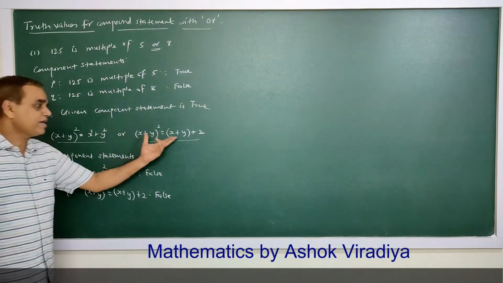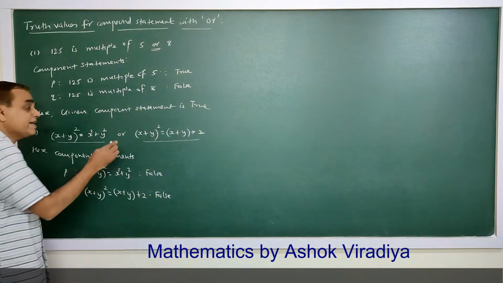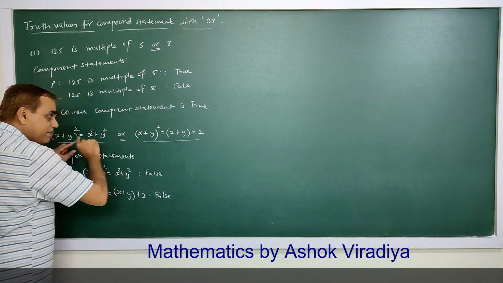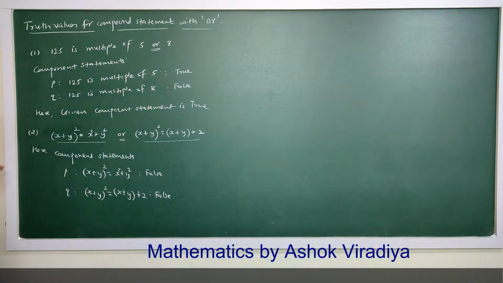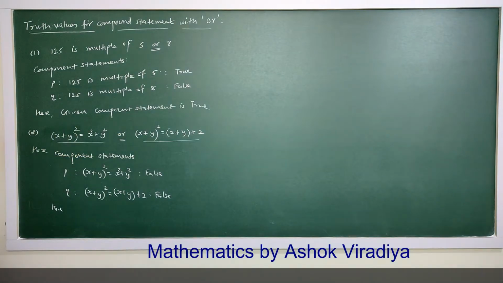Both component statements are false, and these are connected by OR. So this total compound statement is false. So here it is clear from reading this compound statement, x plus y whole square equal to x square plus y square, or x plus y whole square equal to x plus y plus 2, totally false.